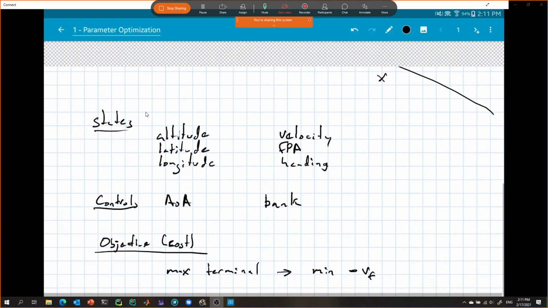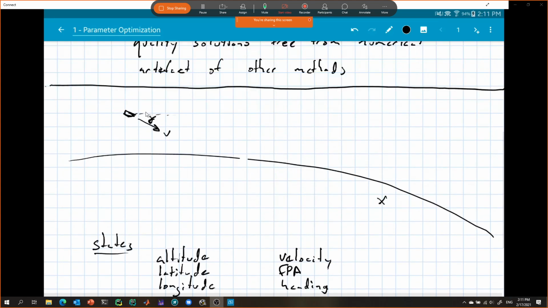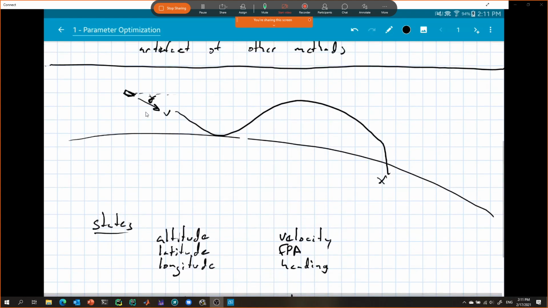Okay, so we have this problem. We want to guide this vehicle to this target. The things that we can dictate are the controls. So what Beluga does in a problem like this is we can put this in and find the controls that give the optimal path, the path that minimizes the negative velocity by adjusting the controls of a vehicle like this. I'm not going to go any more in depth on this problem.